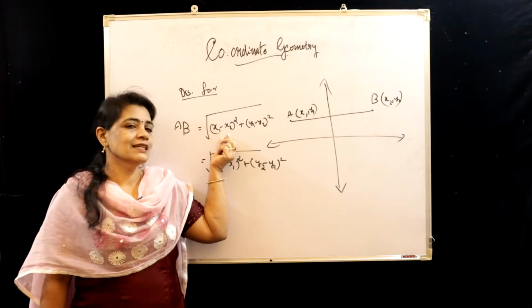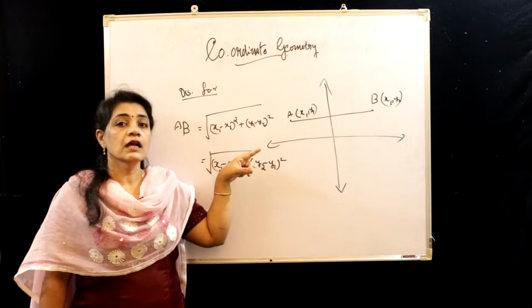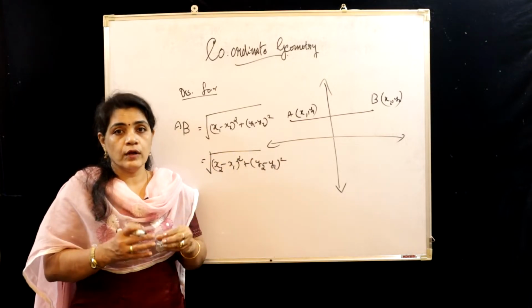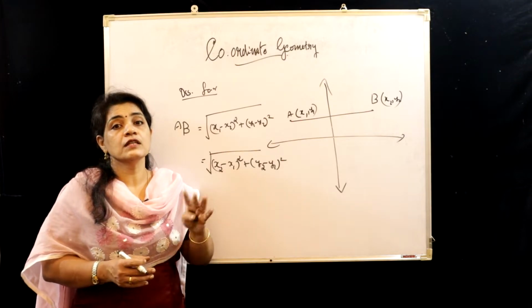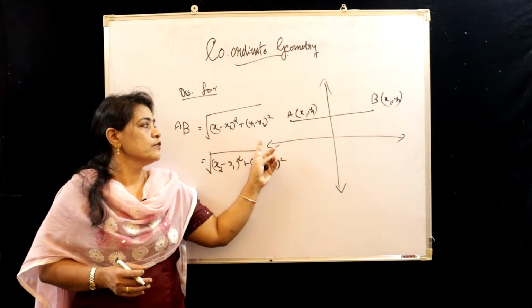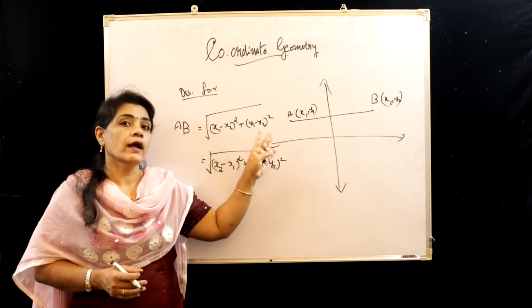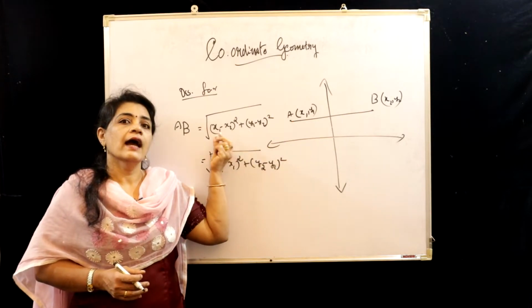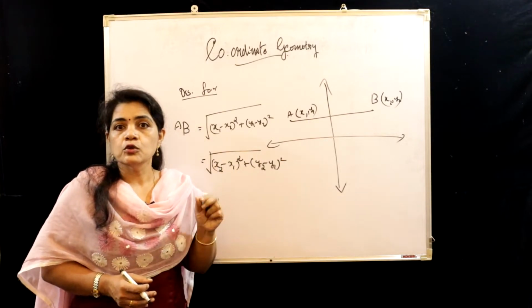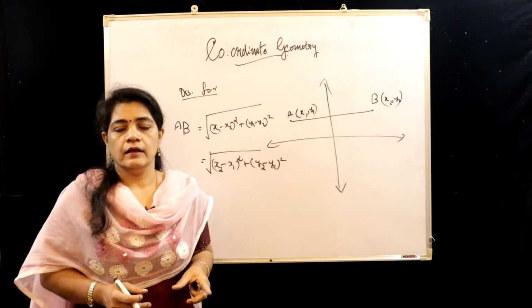Even if we get a negative sign, when you square it, that will change into positive. So take the square of the difference between the x coordinates plus the square of the difference between the y coordinates, take their sum and its square root. That will give you the distance between 2 points in the Cartesian plane.